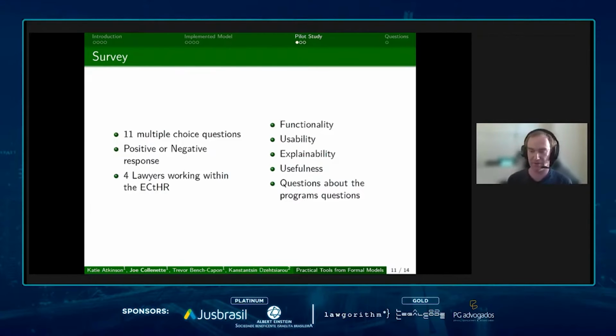And these covered things such as functionality, usability, explainability. So whether the program functioned, how usable the program was, what they thought of the quality of the explanation, how useful they would find the program, and what they thought of the questions that we posed within our program.